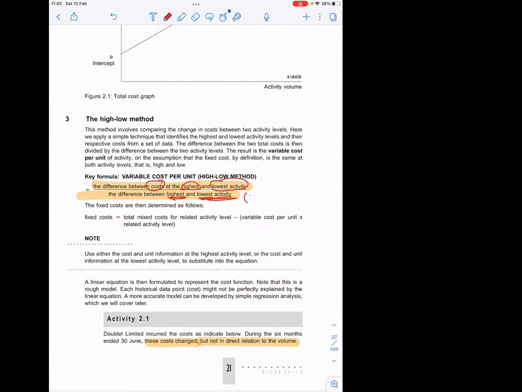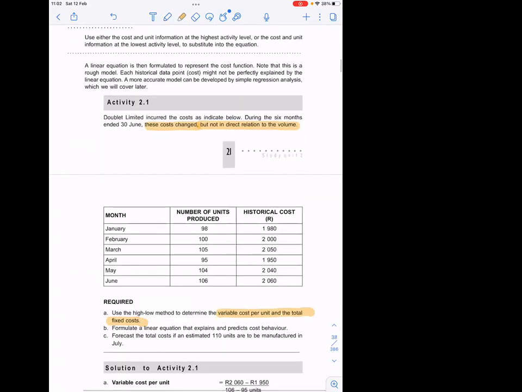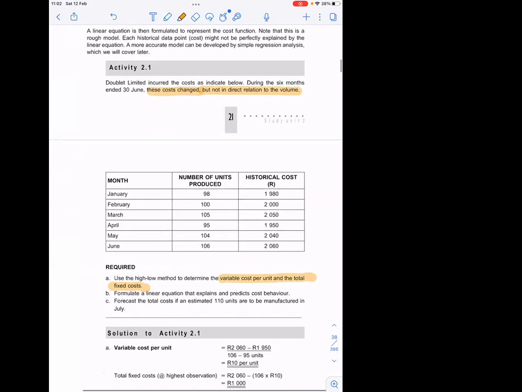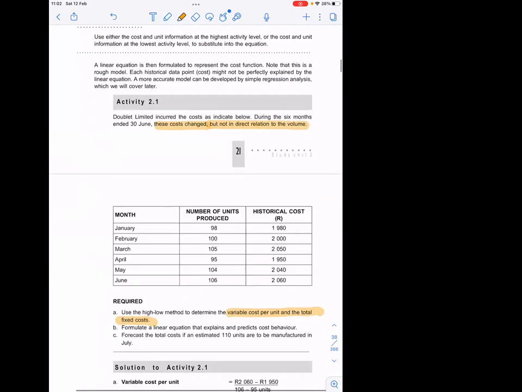The activity is measured in units and our costs are measured in rands. Using the high-low method, you need only to identify 2 levels of output, the highest and the lowest. When we talk about output, or activity, we are talking about the number of units.